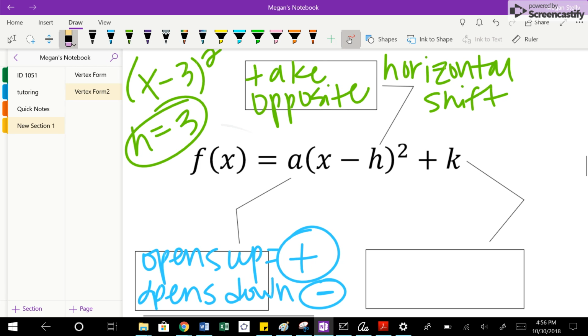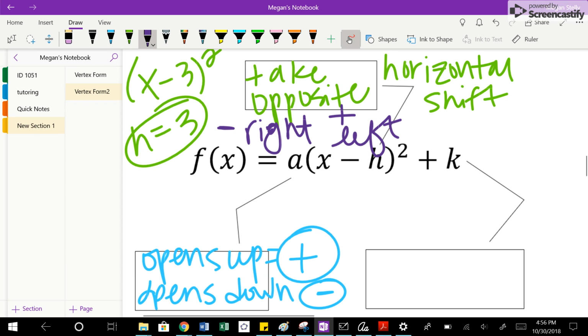So when it's a minus, it moves to the right. And again, let me do that in a different color so you can see it. Minus means it moves to the right. So then a plus must mean that it moves to the left. And so you can write this in your box a little bit neater than I can, but that's the main thing we need to know about h.